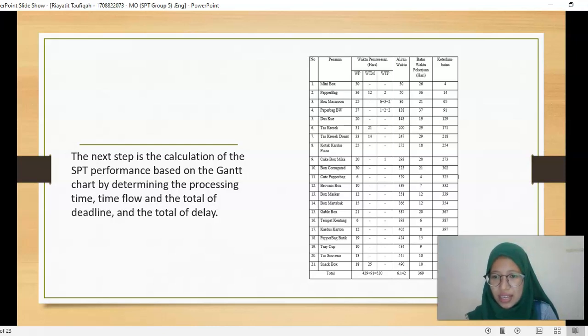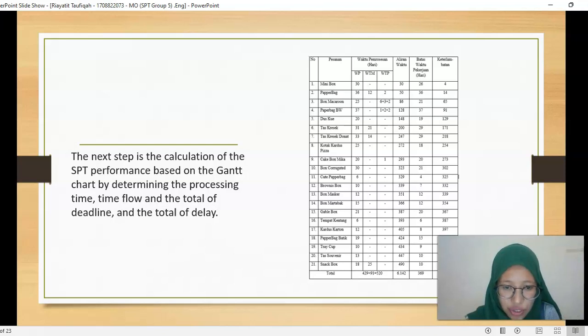And move to the next step, which is the calculation of the SPT performance based on the Gantt chart by determining the processing time, time flow, and total of deadline and total of delay. We can see that in number 1, for example, there is the order mini box with processing time 30 days, and then flow time 30 days, and then the deadline 26, and the delay 4 days.